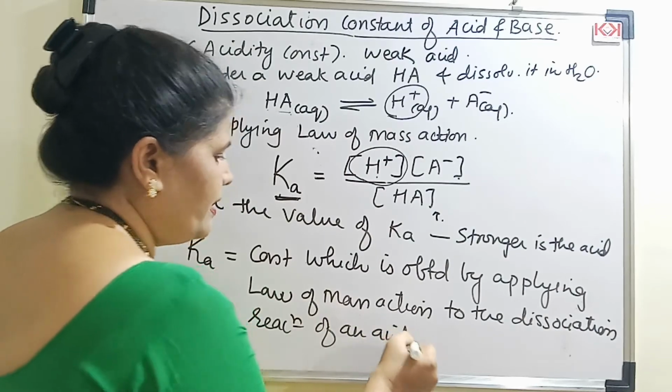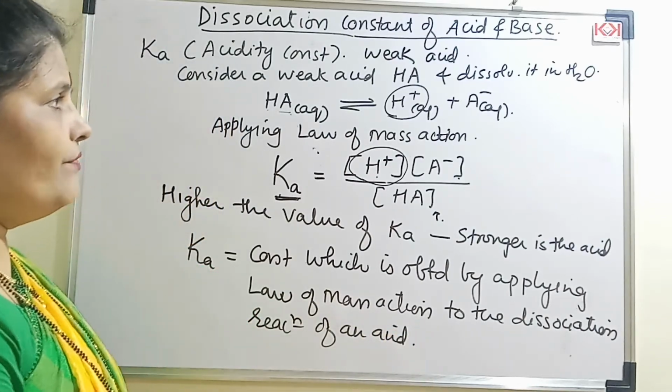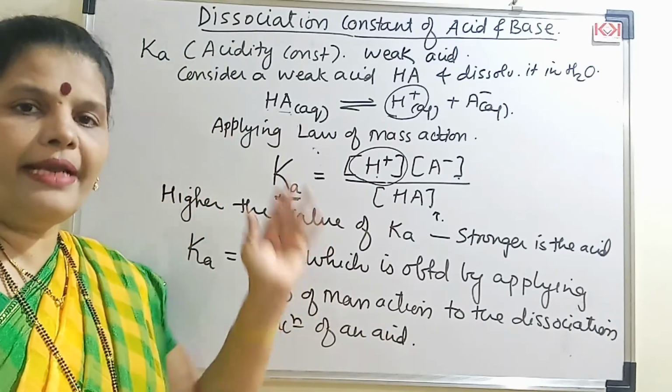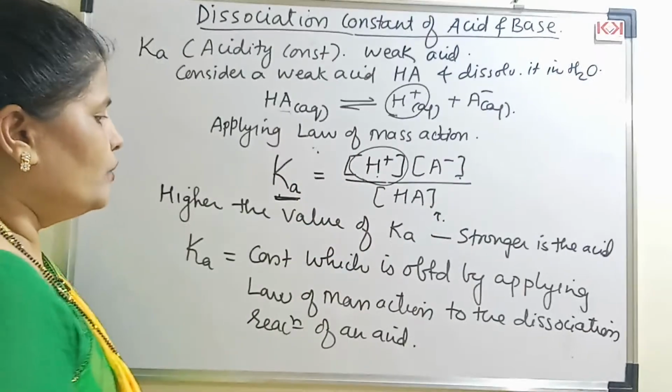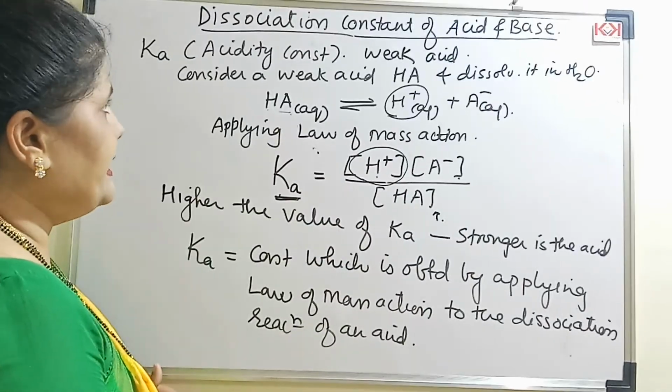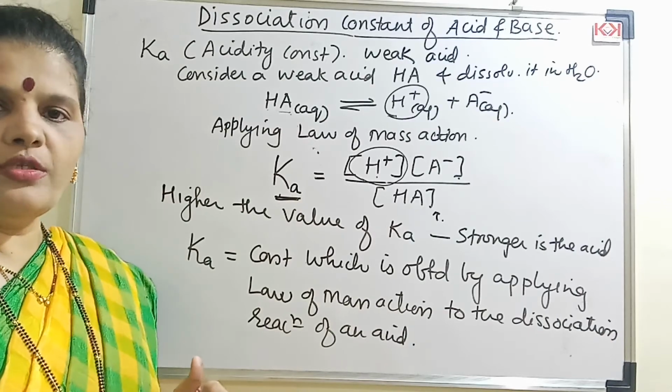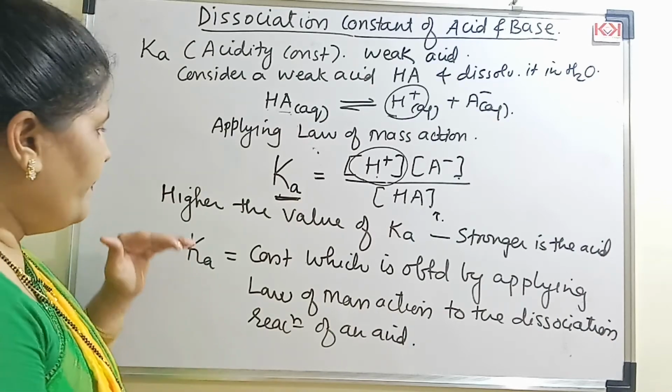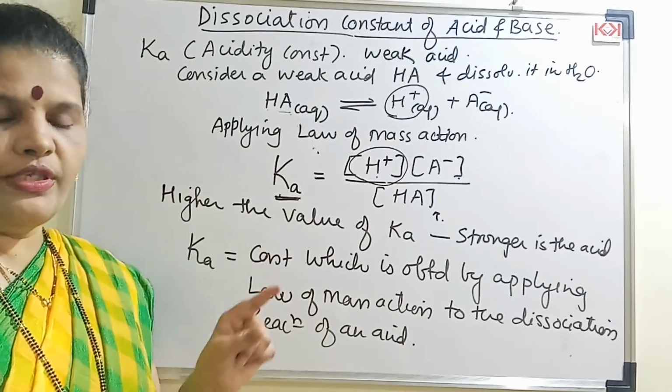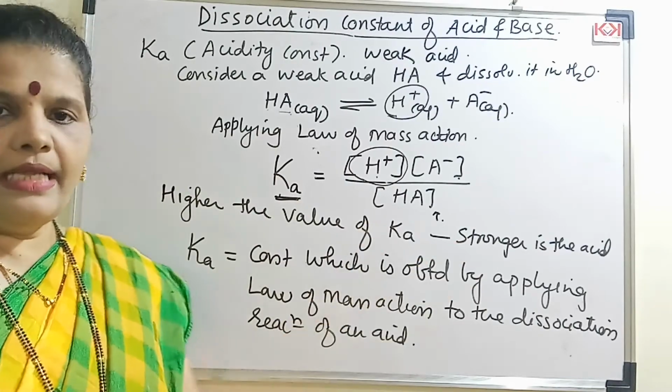Which acid, student? Weak acid. Why are we considering weak acid? So that we can trace the rate of the reaction comfortably. So this is what is called the acidity constant or dissociation constant of an acid. I am repeating, higher the value of dissociation constant, stronger is the acid.